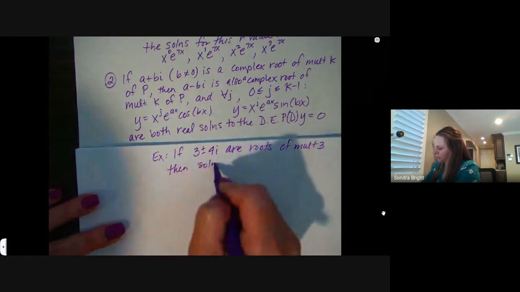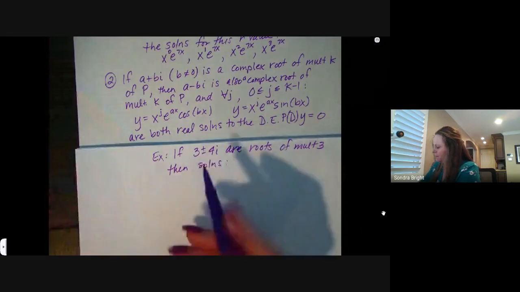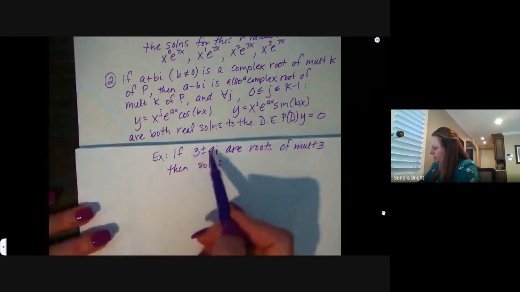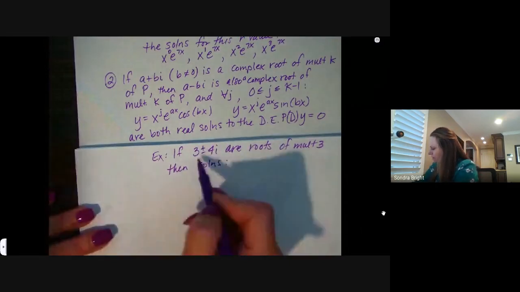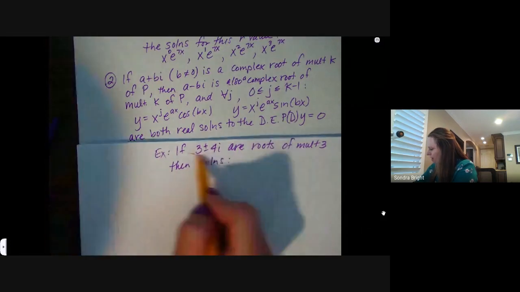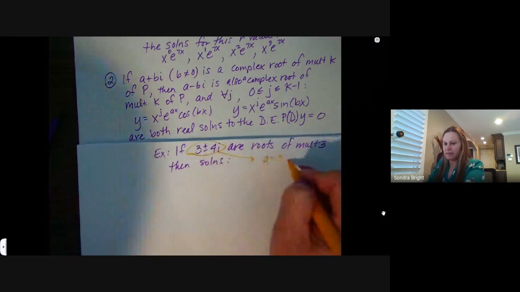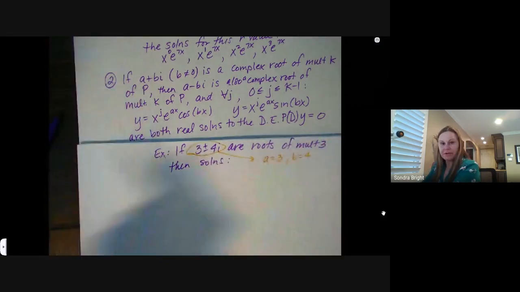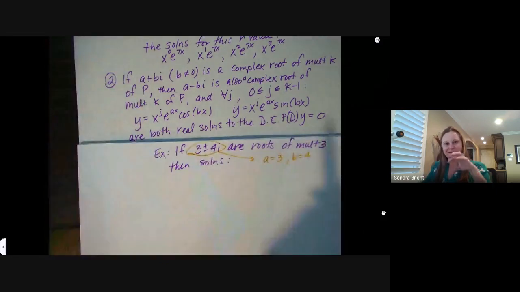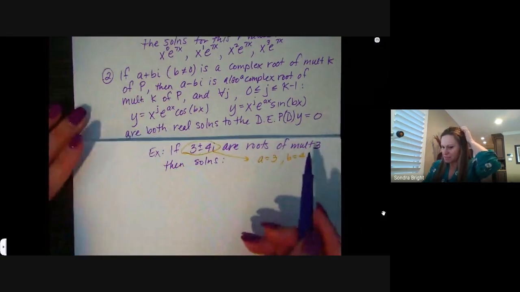Well, for 3 plus or minus 4i, that's saying that your a is 3 and your b is 4, right? And now we've got a multiplicity of 3, so we're going to add in these x powers multiplying times them.